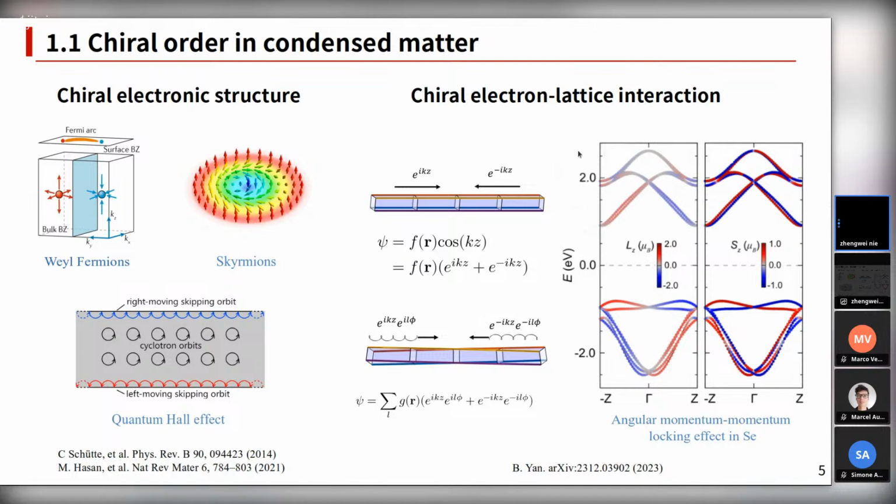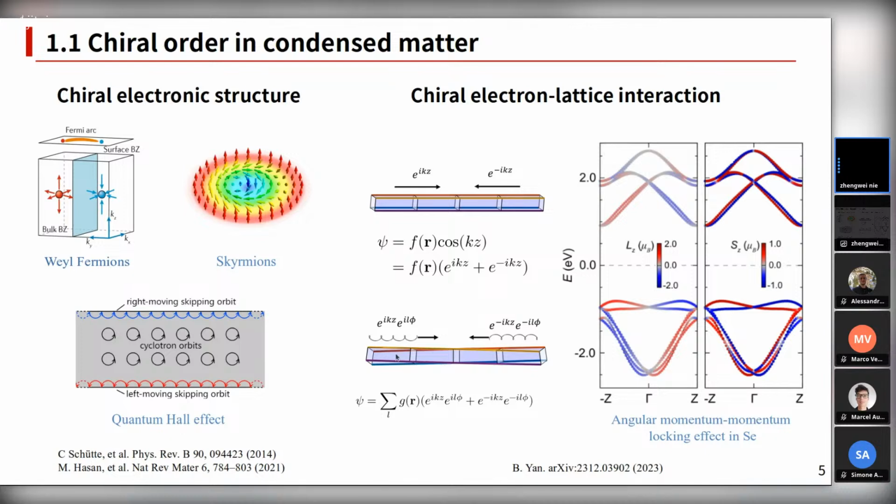And the chirality will also have influences on electronic structure. This is a toy model. Suppose this is a box and one electron is in it. We know that it should be a standing wave. It is a superposition of two waves. One is exponential ikz and another is exponential minus ikz. One is forward propagation and one is backward.